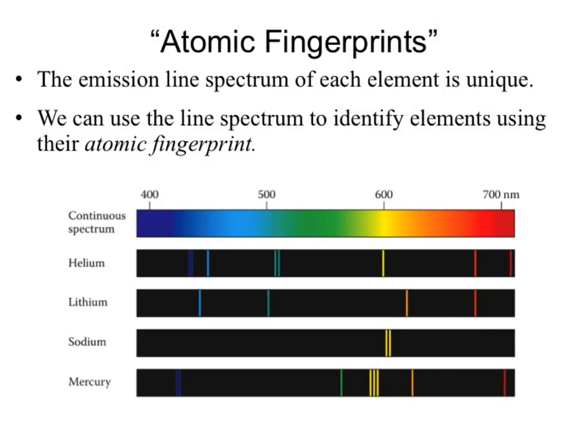For each element, there are certain wavelengths it picks up. That's where those different colors come in. There are electrons within each element that can absorb that energy and jump to different energy levels, and that's where the fingerprint comes from, from it returning to its ground state.